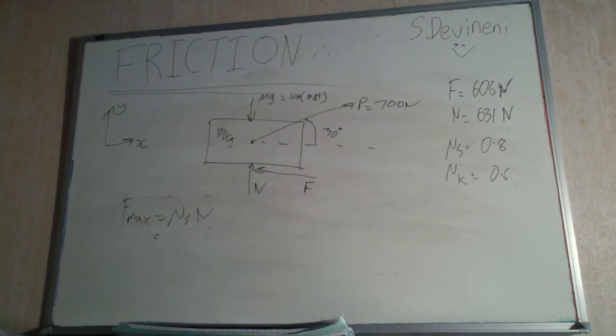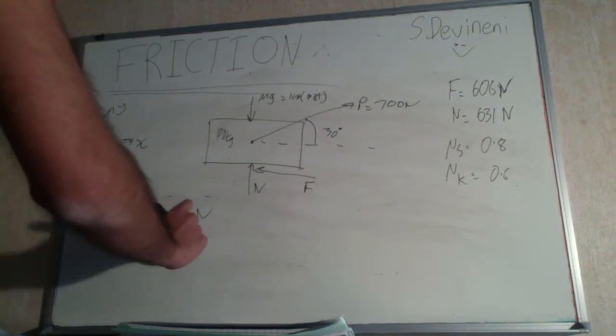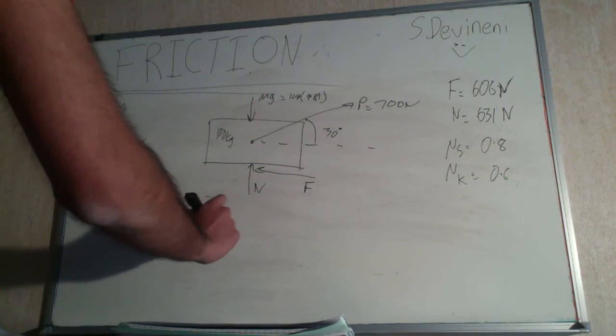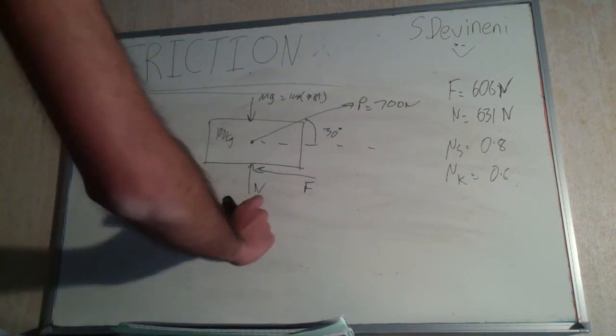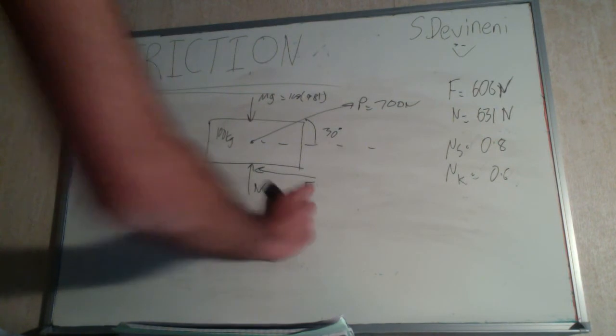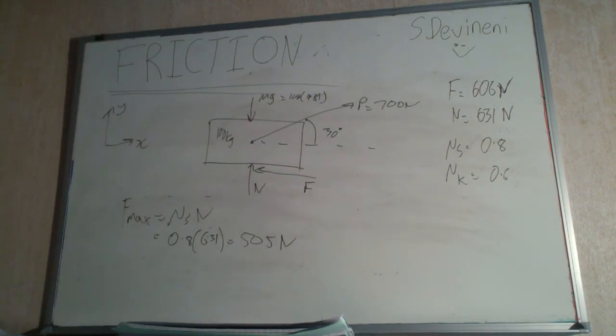So that is equal to 0.8 times 631, which is equal to 505 newtons. Now, the maximum frictional force is 505 newtons, but from our equations of equilibrium, we have found that F is 606 newtons. So what does that imply? Well, F is greater than F max.